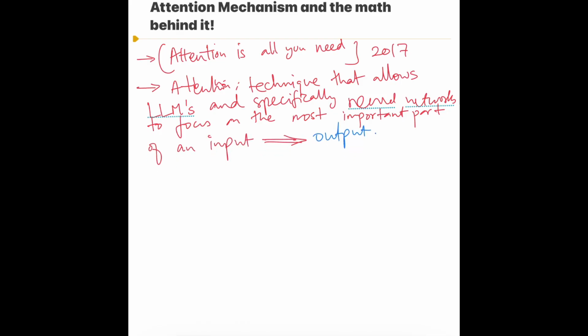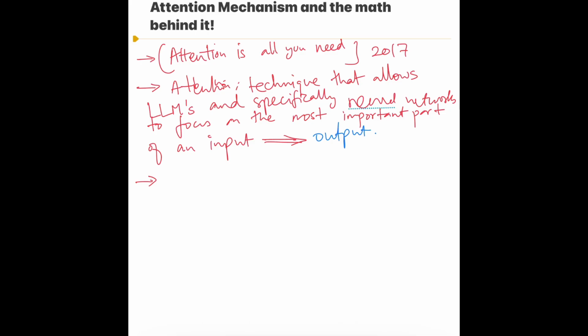Historically, deep learning networks were processing information sequence by sequence. But large language models, because of attention, can now process long form context as well. And the technique that powers this is nothing but attention.